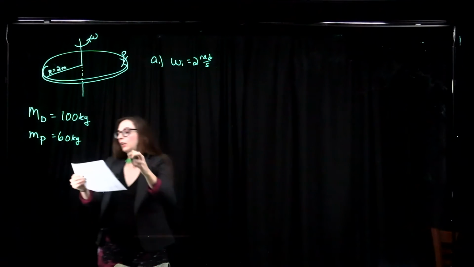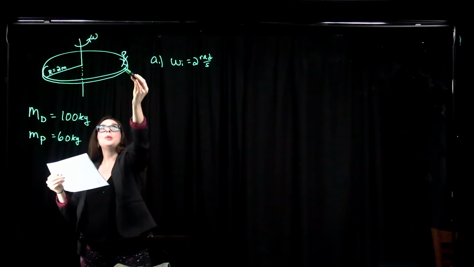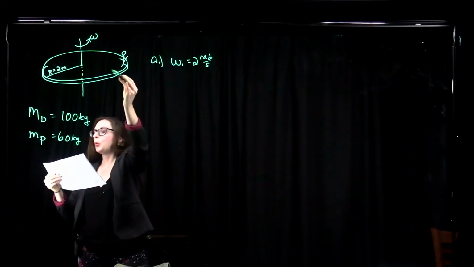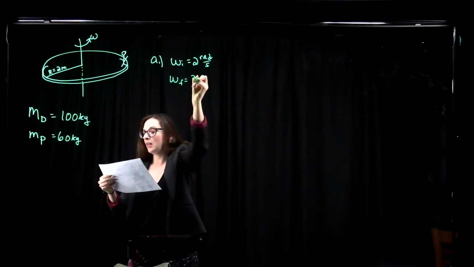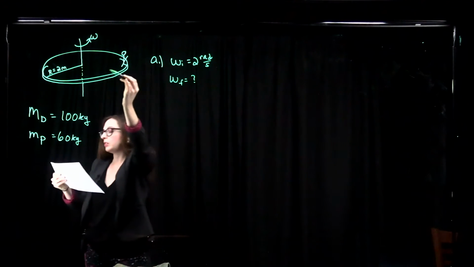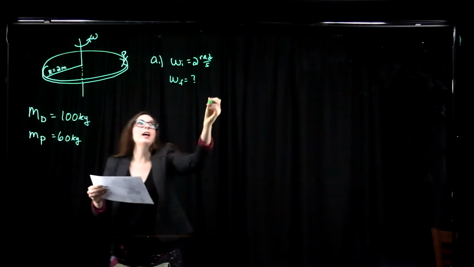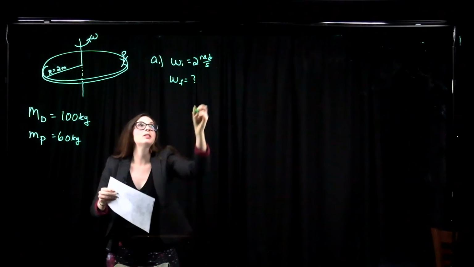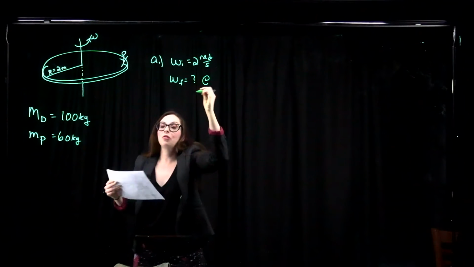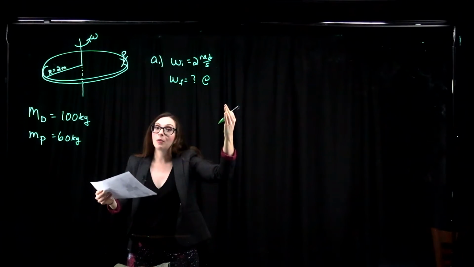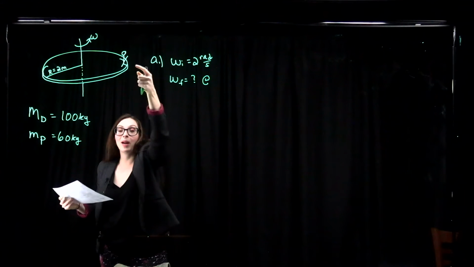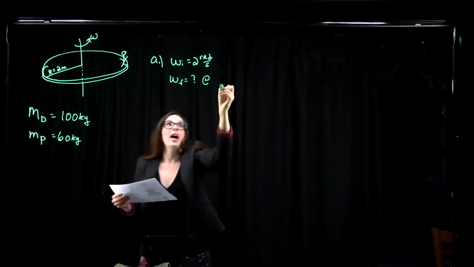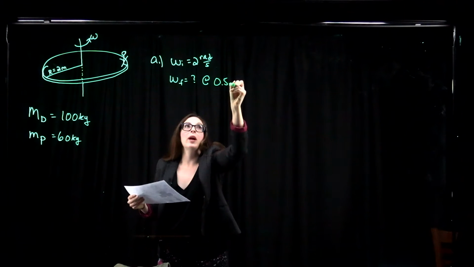If the person walks slowly from the edge toward the center, find the angular speed of the system when our person reaches 0.5 meters from the center. So we're going to find the final angular speed of our system once that person walks from the end of the merry-go-round to a distance of 0.5 meters away from the center.